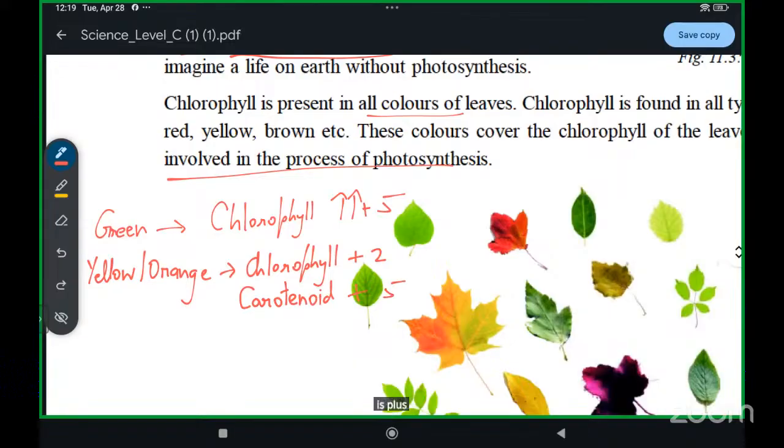This carotenoid is a yellow-orange color pigment, whereas chlorophyll is a green color pigment.